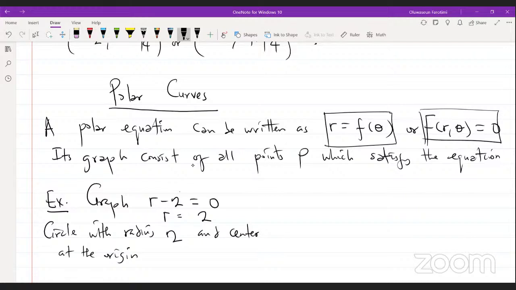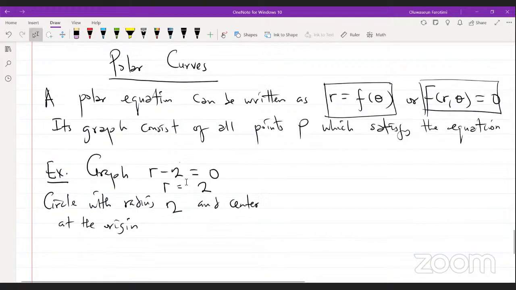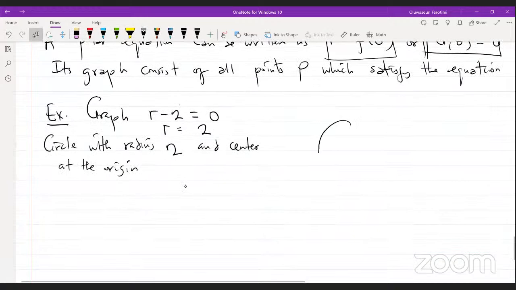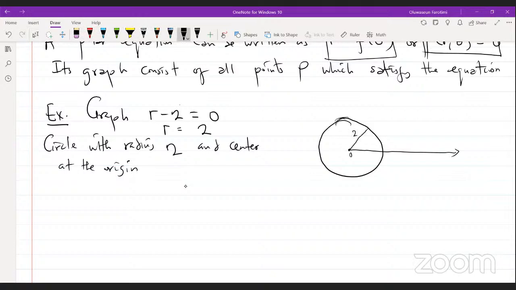At the origin. So that means you just want to draw a circle. So this is just a radius 2. r equals 2.